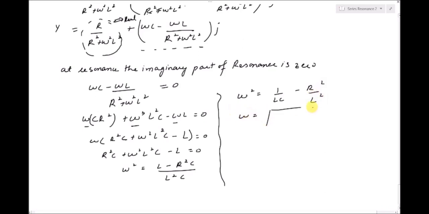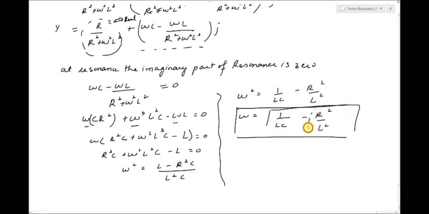Omega is actually equal to the square root of 1 over LC minus R square over L square. For the realistic parallel resonant circuit, we have an extra term R square over L square that is added to the resonant frequency term, that was omega naught is equal to 1 over under root LC, and this was for the ideal circuit.